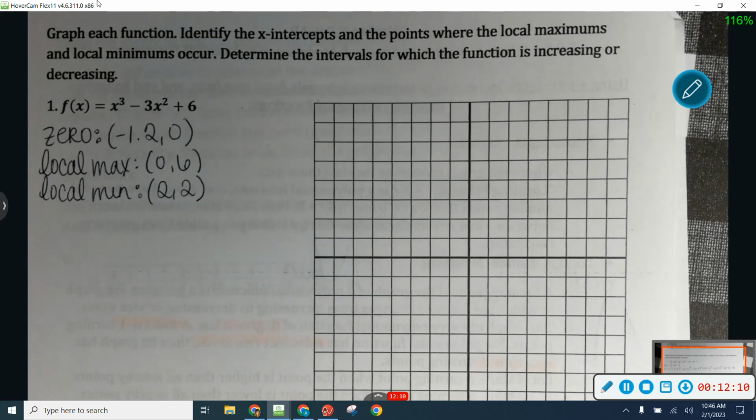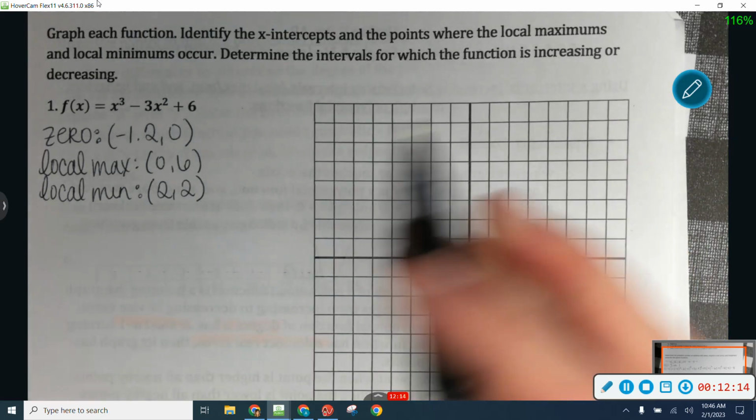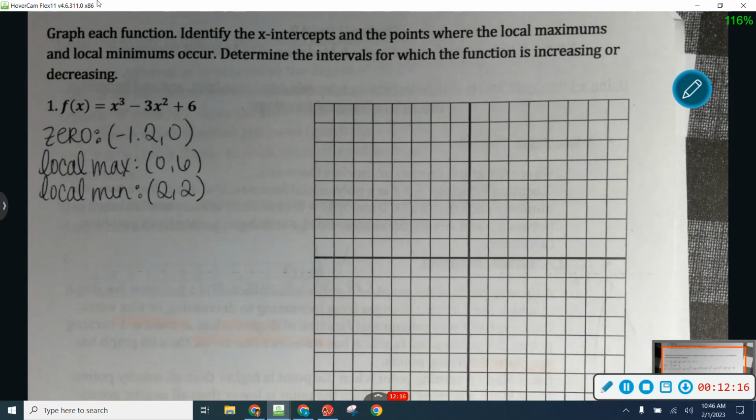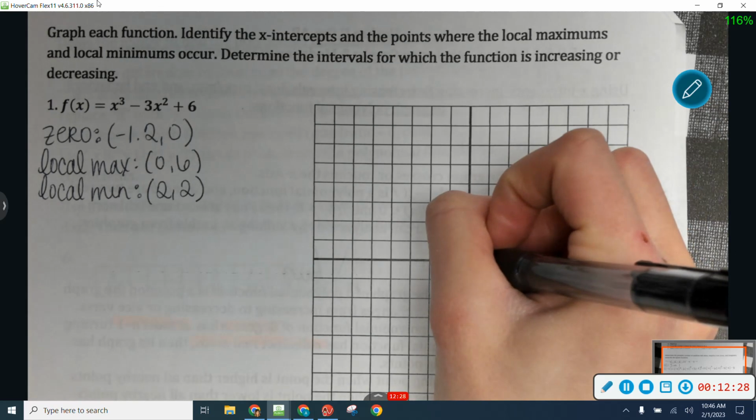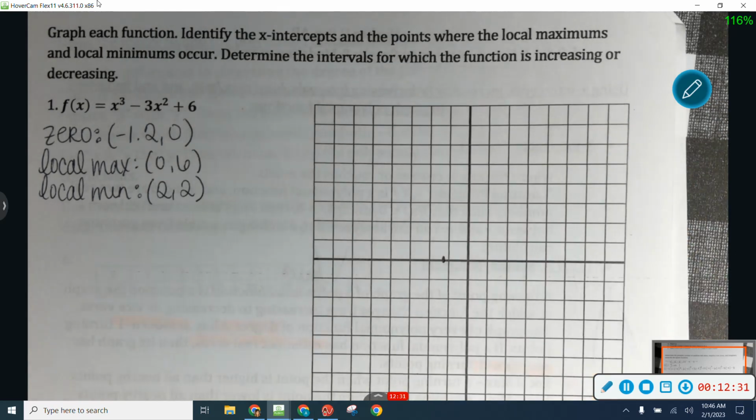Okay? We're sketching it, so we're going to look at where is my 0, where is my max and min, and then you're sketching it from there. Okay? If you wanted to adjust your scale to make yourself happy, you could. I'm just going to go by ones. So a negative 1.2 is going to be about right here.